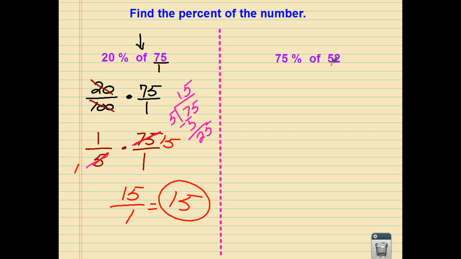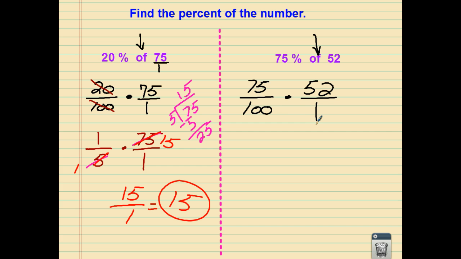But if we're doing it mathematically, we have 75%. We know that 75% means 75 per 100, so we'll take that percent sign out, we'll make it a fraction per 100, and of, we know, of means multiply 52, and 52 will go over 1.